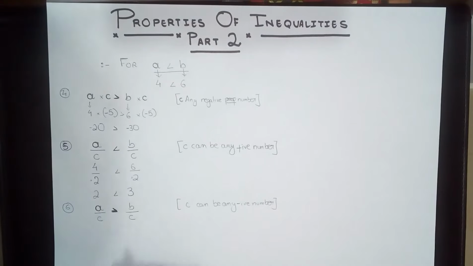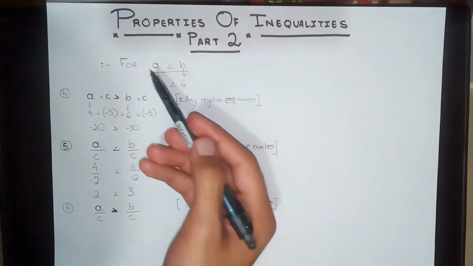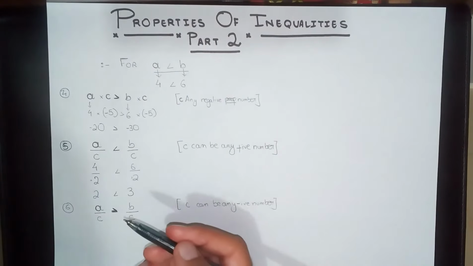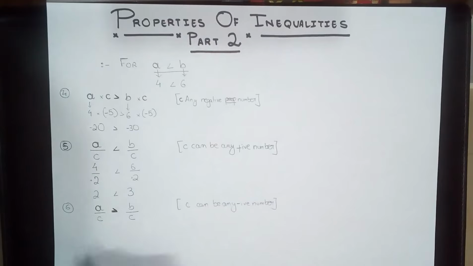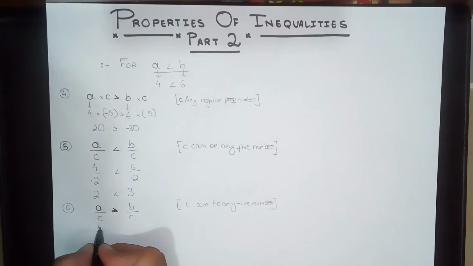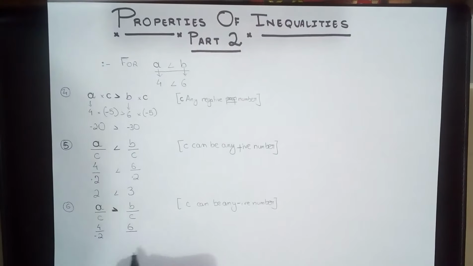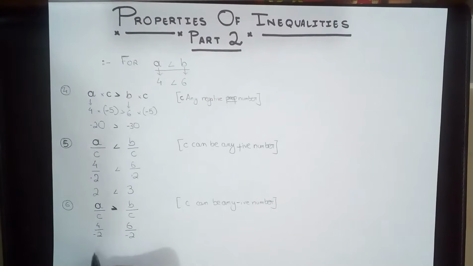Before, A was less than B, now A becomes greater than B. Let's see, if we have 4 and we divide that by -2, say C is -2, it was +2 before, and B is 6. 4 divided by -2 is equal to -2. 6 divided by -2 is equal to -3.